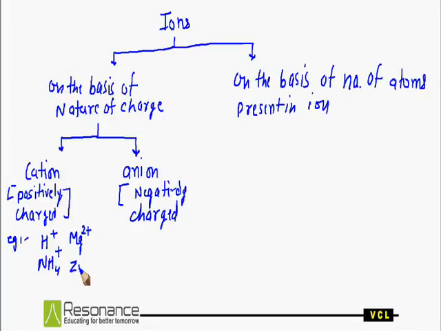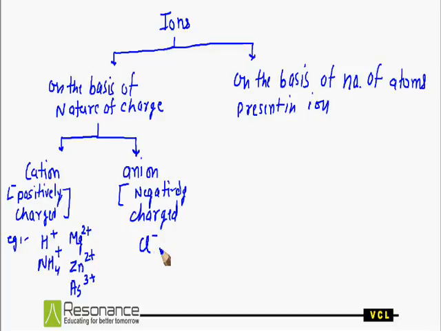Now we can add Zn2 plus, it also has 2 units of positive charge, and we can write arsenic 3 plus, it is also a positively charged species, so we can say that all of these are cations.